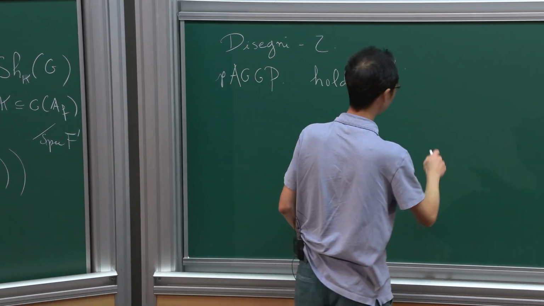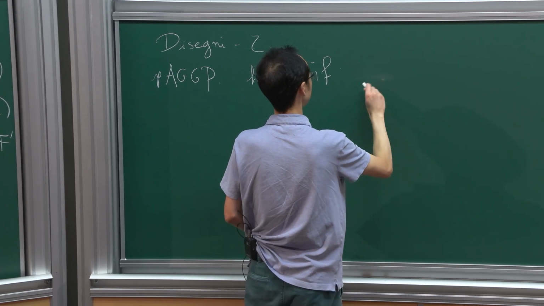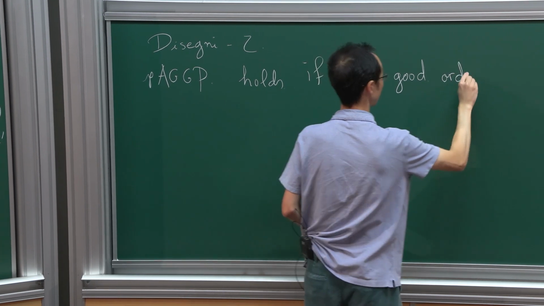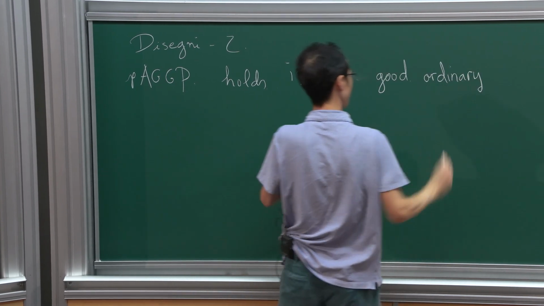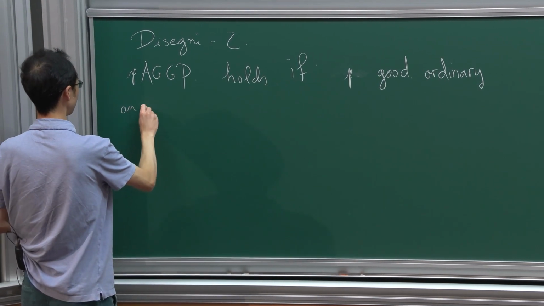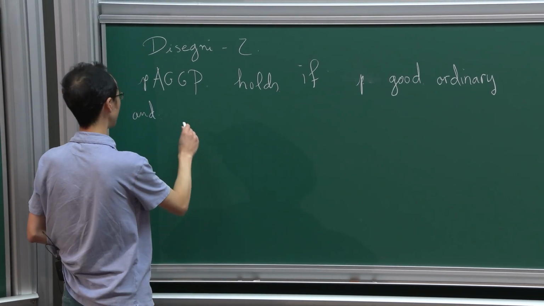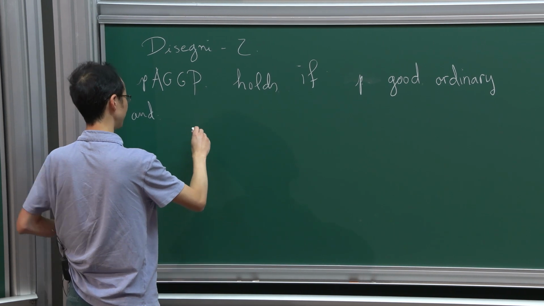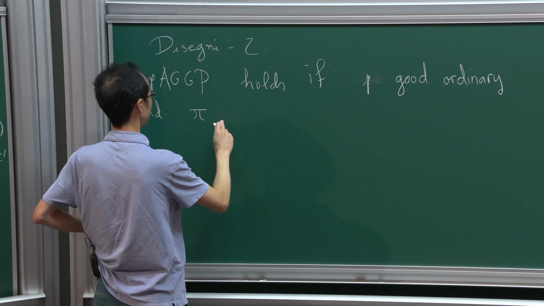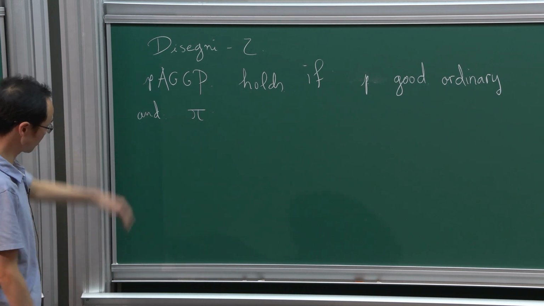if π is good ordinary at p, but also with more conditions on the local ramification. Roughly this means, let me ignore the condition at the split places.